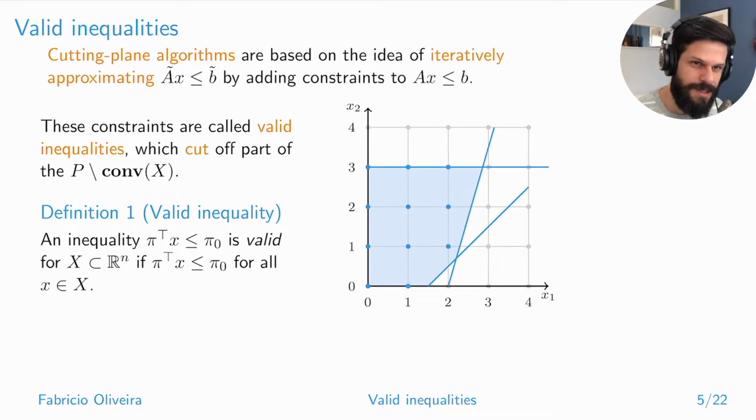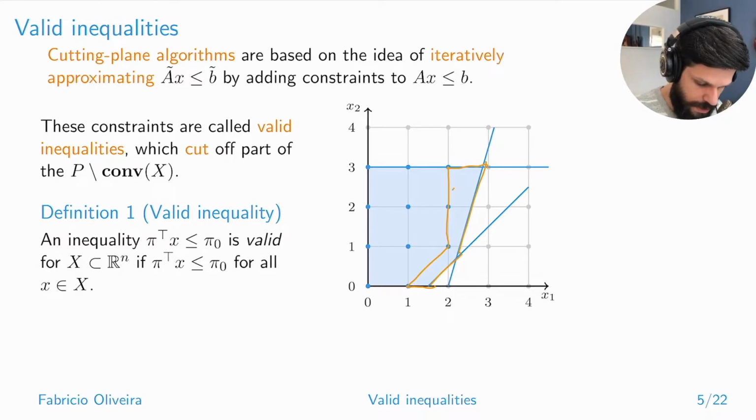It's called a cut because you're really trying to cut off this part, or perhaps this part, and this is derived by means of what we call a valid inequality. These valid inequalities are designed in a way that you can use them to cut the part of P that doesn't belong to the convex hull. So P minus the convex hull of X in this picture would be this area in orange here. That's what you want to get rid of.